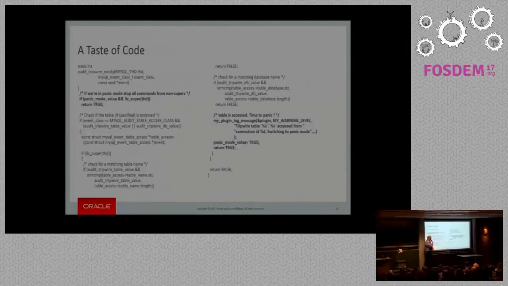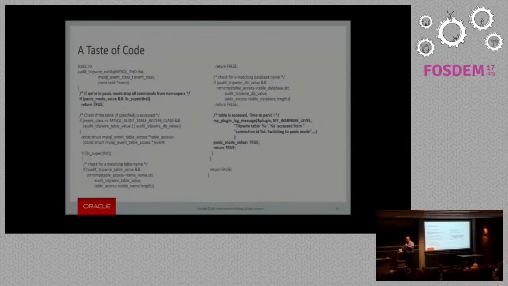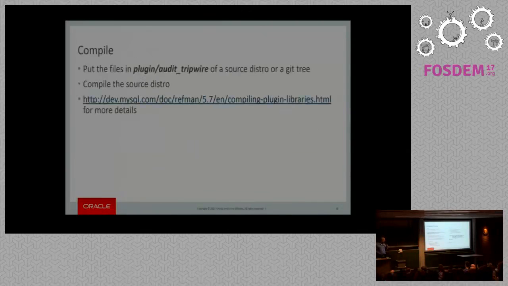If we have those, it checks the values against the table that is being supplied. If it matches, then it enters panic mode. In panic mode, it sets the panic mode flag, logs the message, and then tells the server to stop executing the current command. Right, so this is the code. It's on GitHub. You can play with it as much as you like.